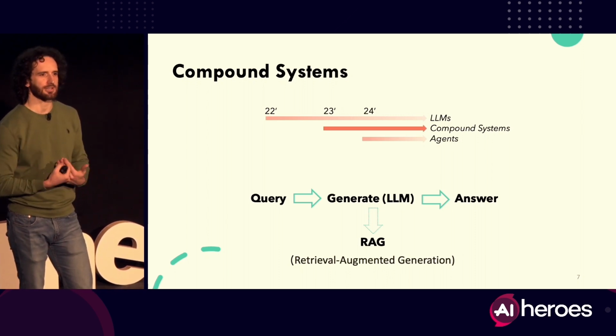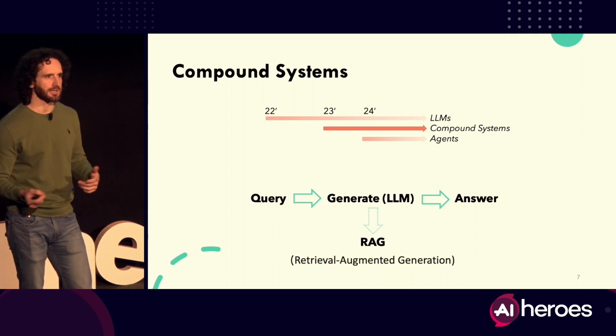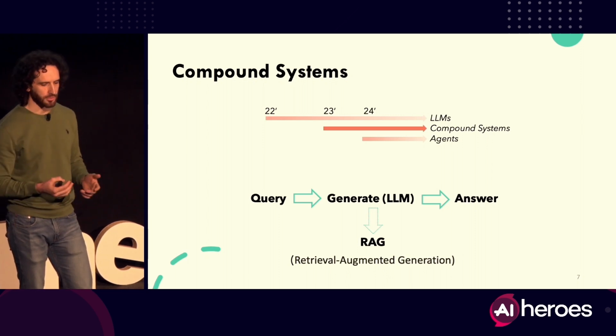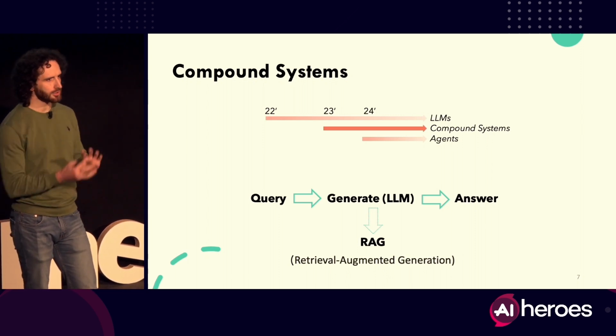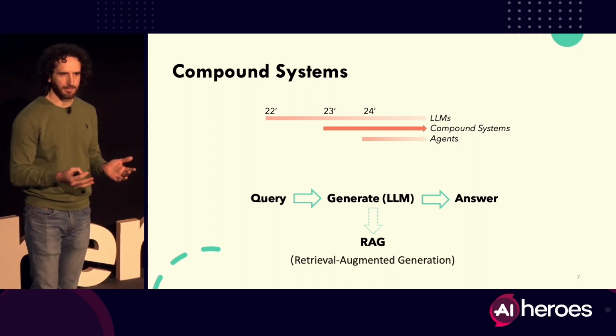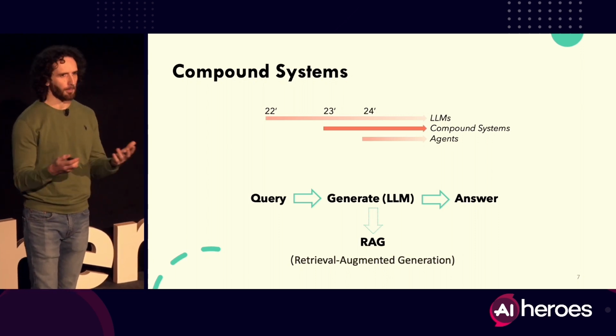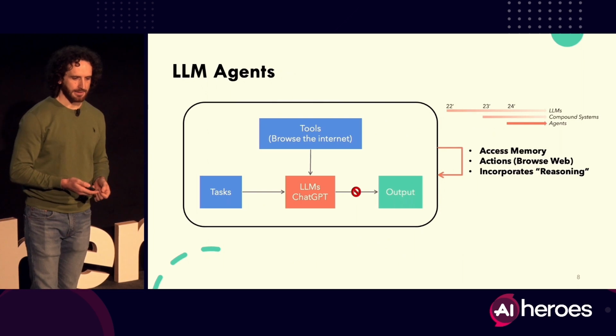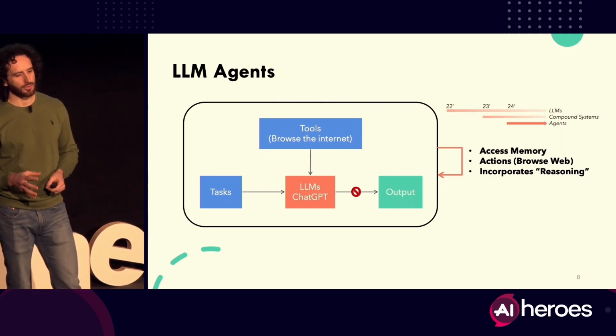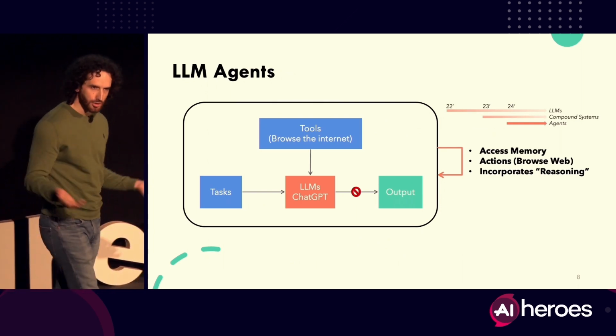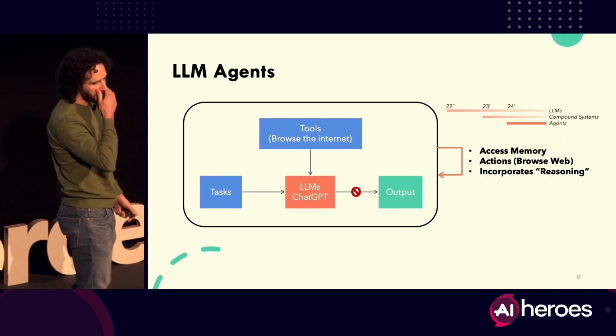So the LLM doesn't know anything about your vacation days, about what you're going to do tomorrow, of course. But if you put this information into something that is accessible to the LLM, then you have this some sort of compound system.